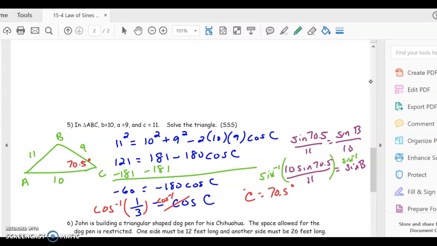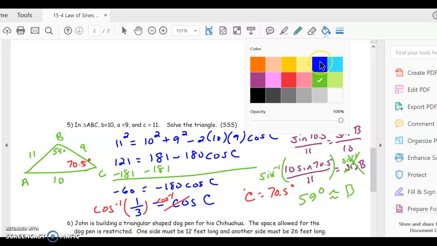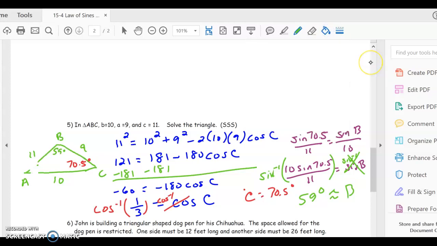Remember, you don't really have to write the inverse sine on both sides, but mathematically that's the best notation. And so I type all that in my calculator, and B comes out to be about 59 degrees. So once I get B to be 59 degrees, I can very quickly go and subtract and find A to be 50.5. So A is 50.5.